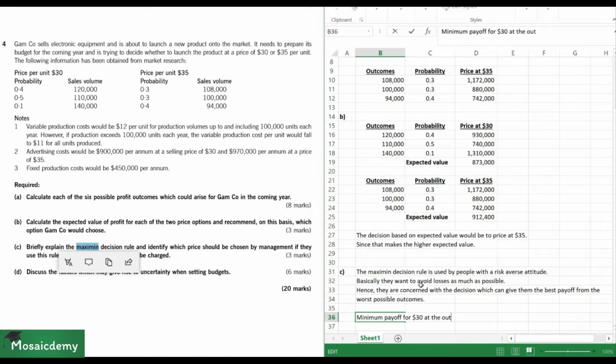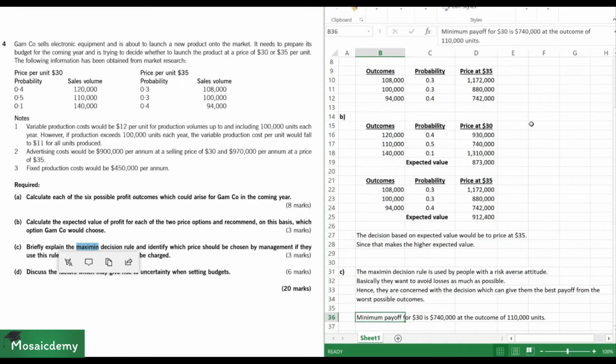Where are we going to get the minimum payoff for $30? It's going to be 740,000 at the outcome of 110,000 units, right?